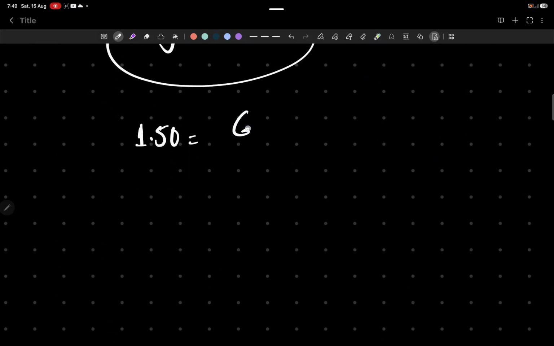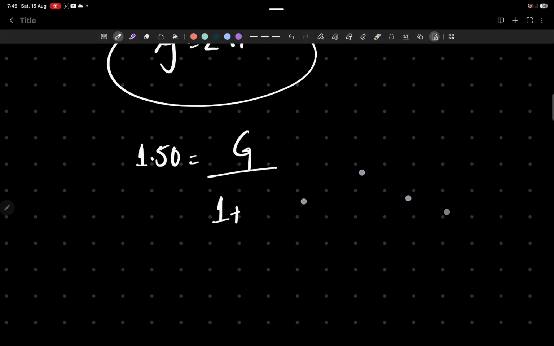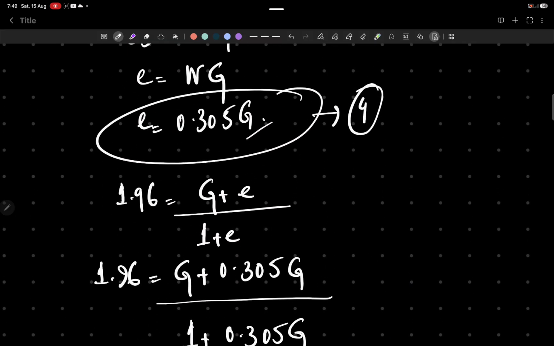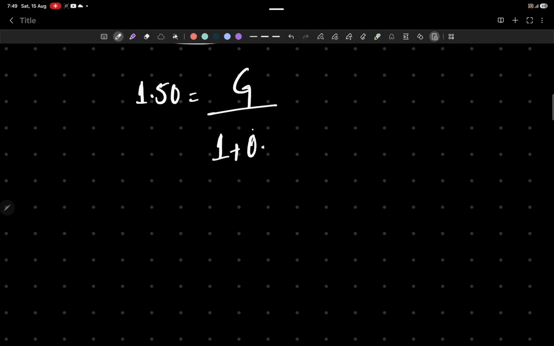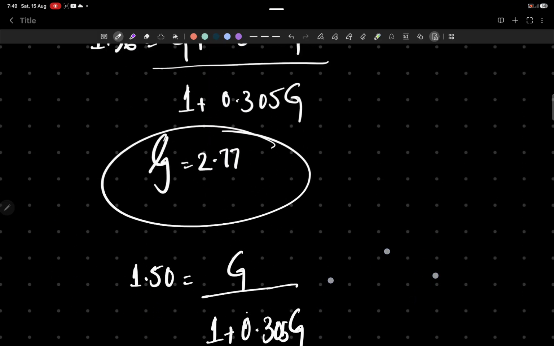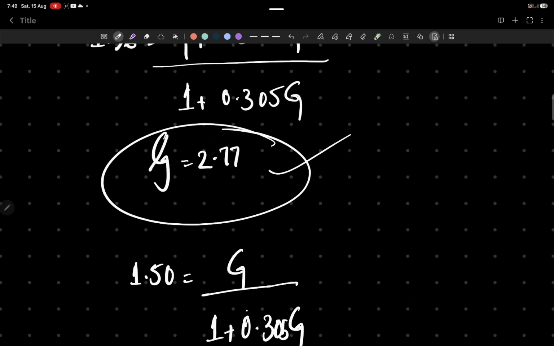G is as it is, and e we have the equation, e is 0.305 times G. So this becomes 1 plus 0.305 G. Upon calculating, G from this equation is equal to 2.76. Earlier we calculated 2.77. So we can say 2.77 or 2.76 is one and the same thing.